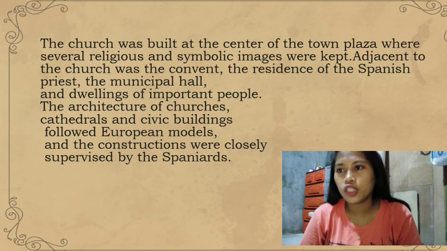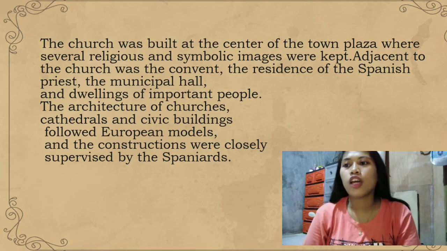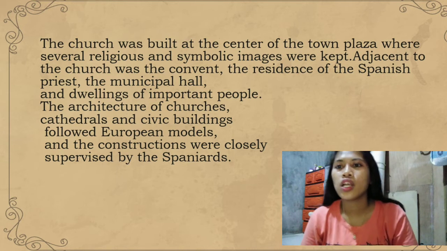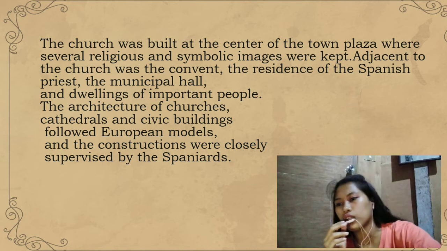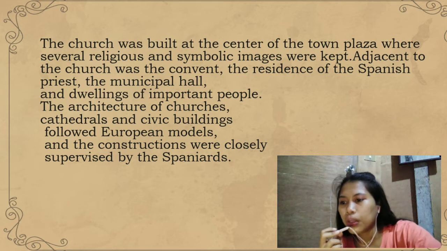So this is where the church was built at the center of the town plaza where several religious and symbolic images were kept. Adjacent to the church was the convent, the residence of the Spanish priest, the municipal hall, and the dwelling of important people.